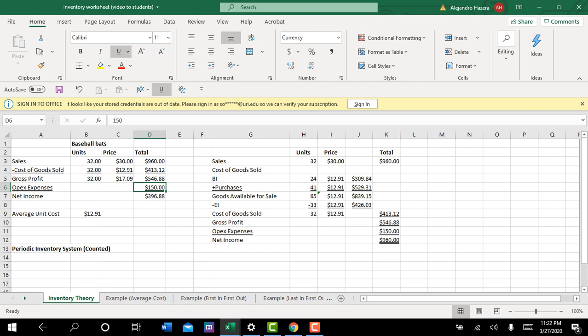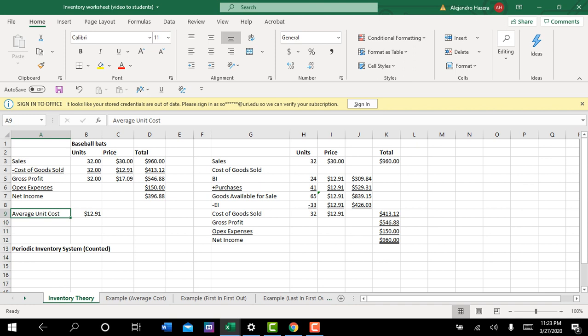That's another course, but you'd have to start decreasing your operating expenses, that sort of thing. Anyway, we come to a net income here of $396.88. Okay, so that's our basic income statement that we're going to work with now.